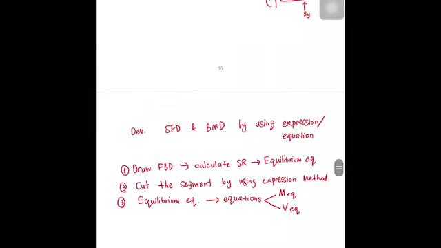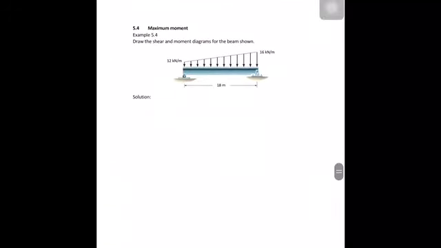Okay, so what if the maximum moment lies at a point that you don't know? How do you get the maximum moment? You have two methods. First, you can differentiate the moment equation and set it equal to 0, and then you will get the x value, and after that you substitute x back into the original moment equation.